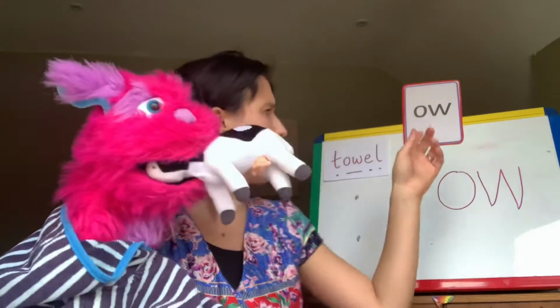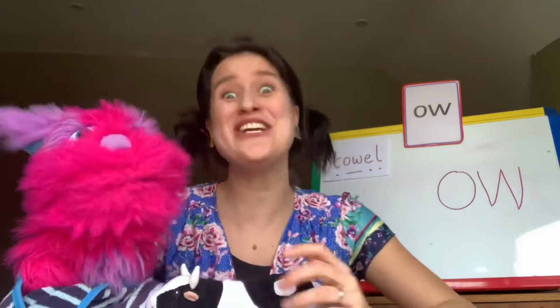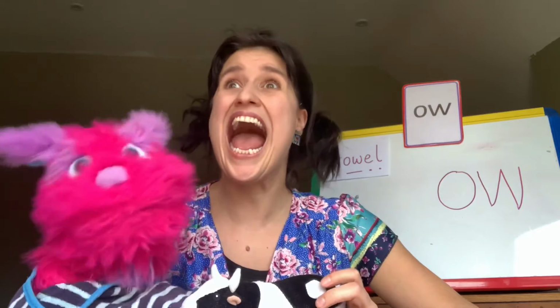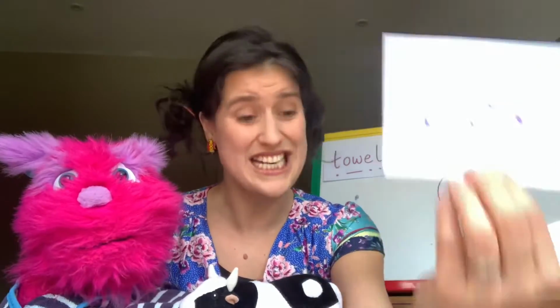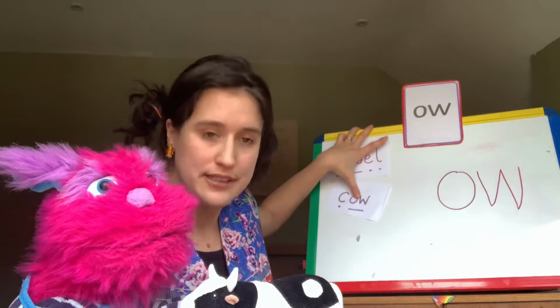Cow. Yes, I knew you could hear it. Good segmenting. The ow is at the end, isn't it, Alfie? Can you see the ow at the end? So it begins with k, but it ends with an ow. Fantastic.